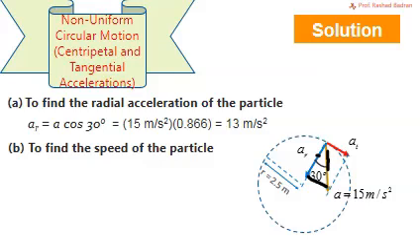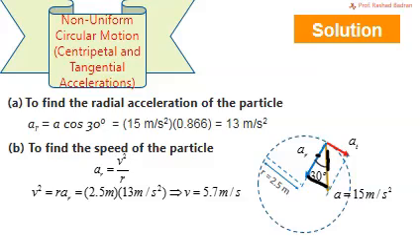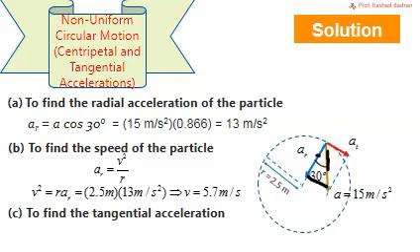To find the speed of the particle, simply apply the relation for the centripetal acceleration, that is v squared over r, just the magnitude. We got 13 meters per second squared for the acceleration and 2.5 for the radius. Put that in and you get the speed equals 5.7 meters per second.